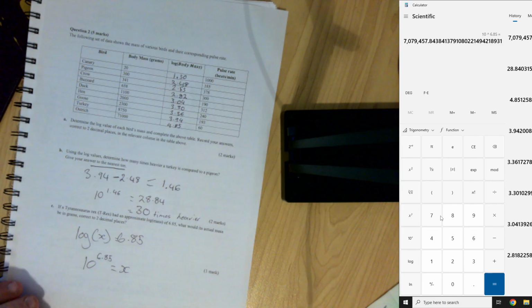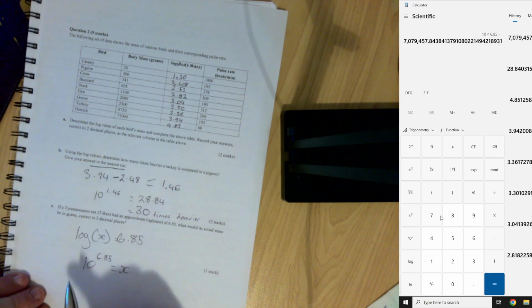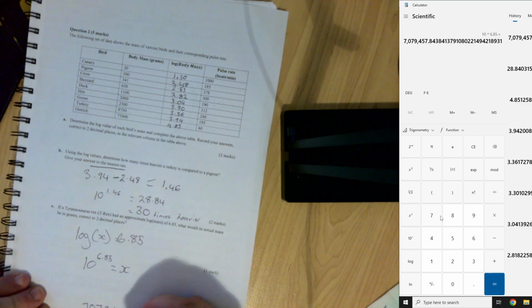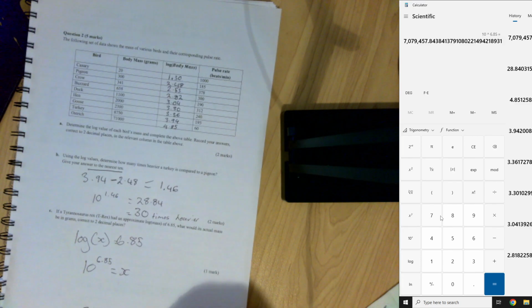Oh goodness, it's to the nearest decimal place. Okay, 7079457.84 grams. It's pretty big.